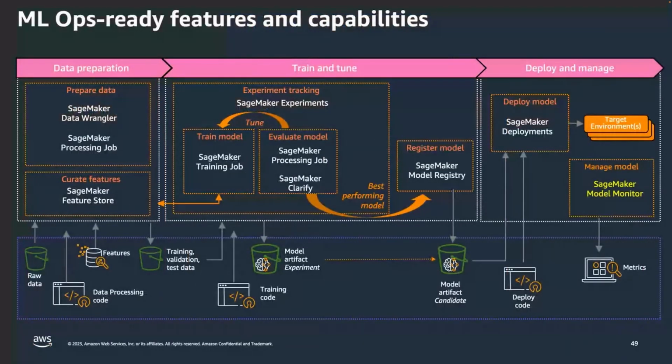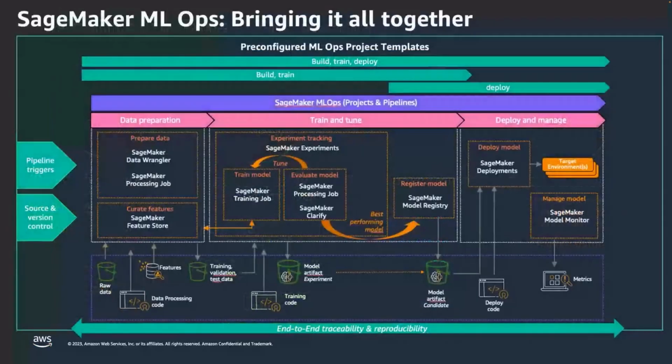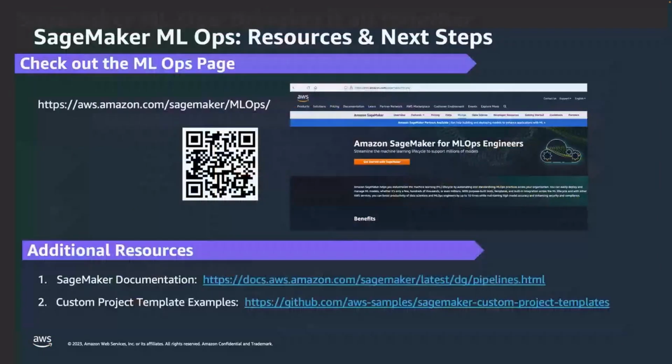Given the time, I'm going to skip the rest to allow you to go off on your break, but I'm going to point you to key resources that are coming up for MLOps.